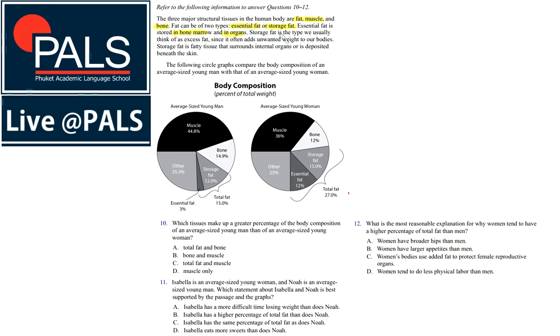Storage fat is the type we usually think of as excess fat, since it often adds unwanted weight to our bodies. Storage fat is fatty tissue that surrounds internal organs or is deposited beneath the skin.